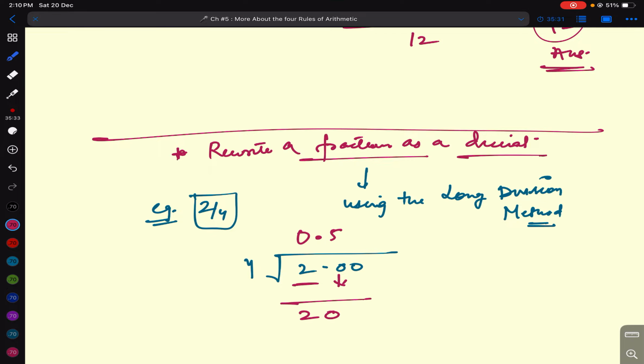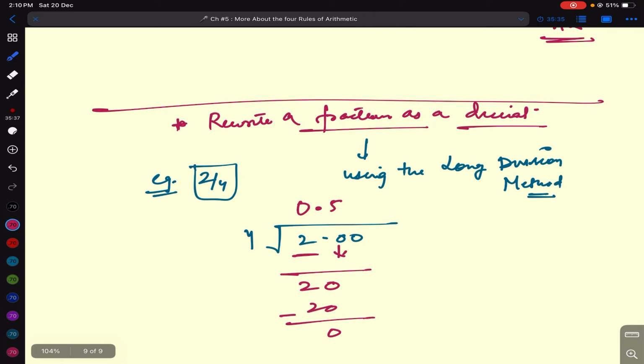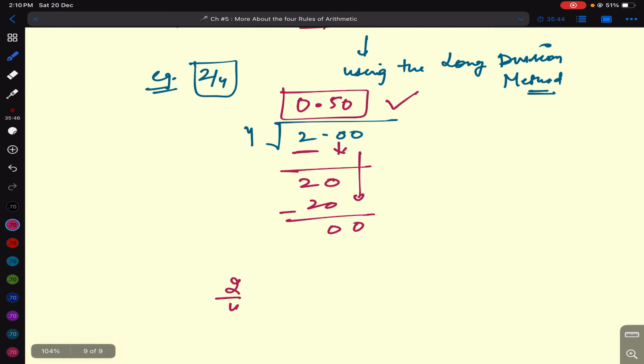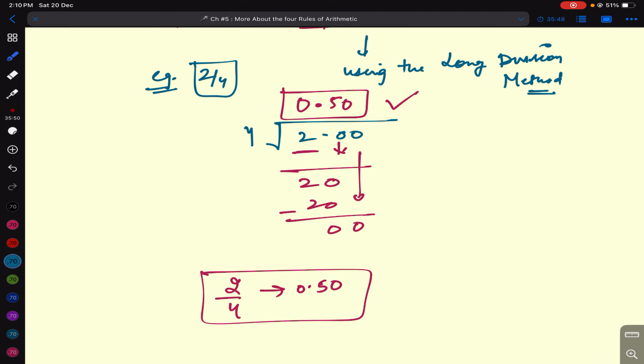Now we know that 4 times 5 is 20. Subtracting this gives 0. So the answer here is 0.5. So how do we write 2 over 4? This is 0.50. This is your fraction form, and this is your decimal form.